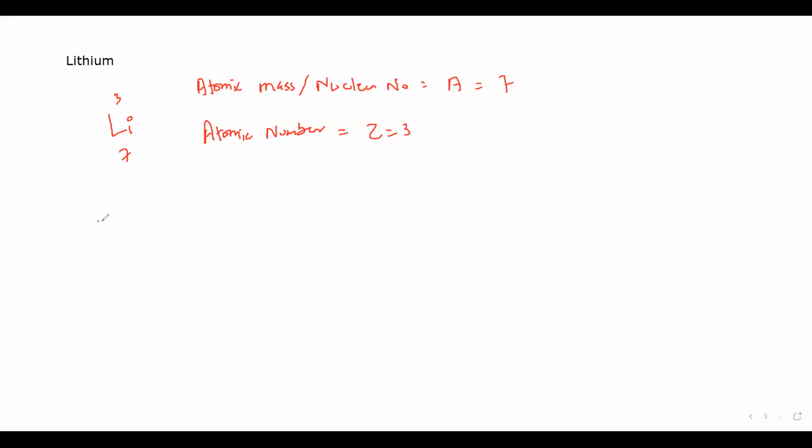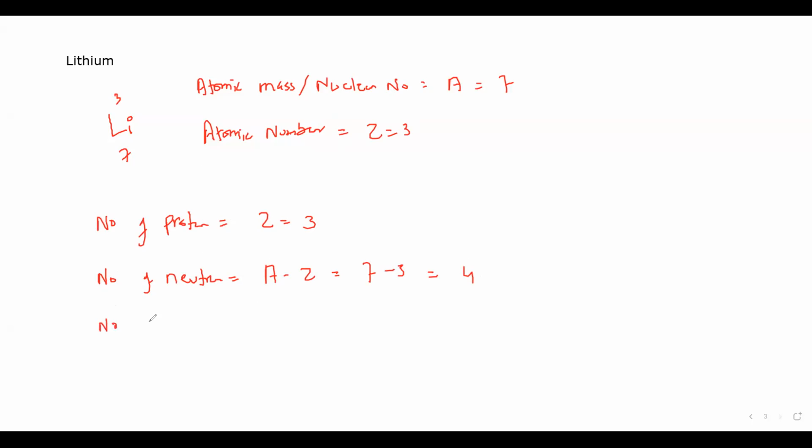To get the number of protons, that is given by Z, so in this example it is 3. To get the number of neutrons first, that is A minus Z, which is 7 minus 3, equal to 4.